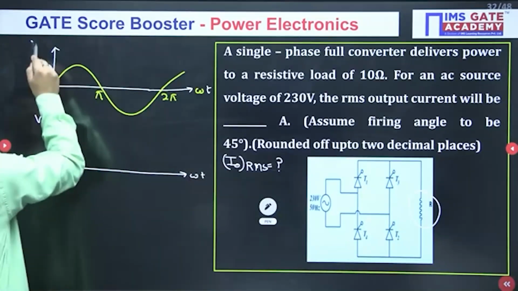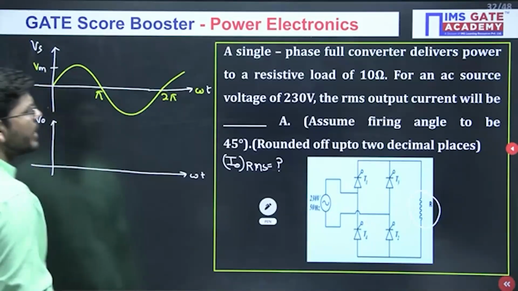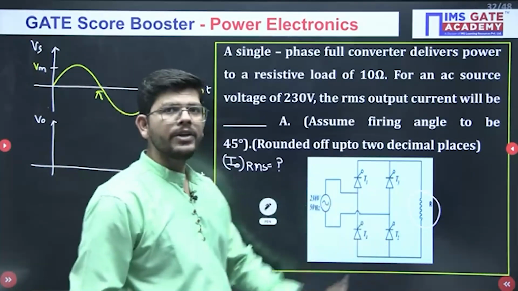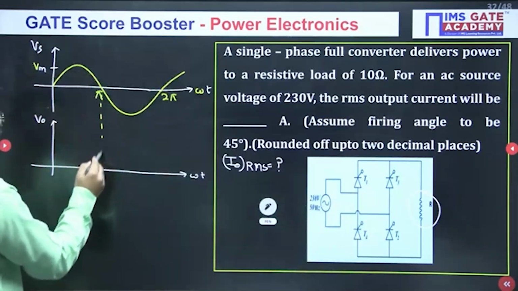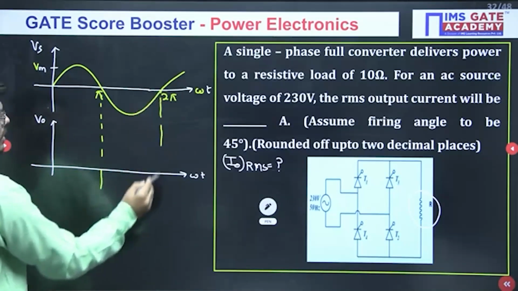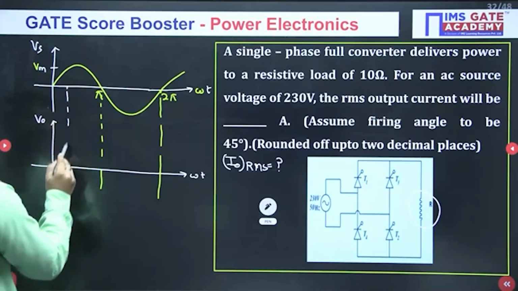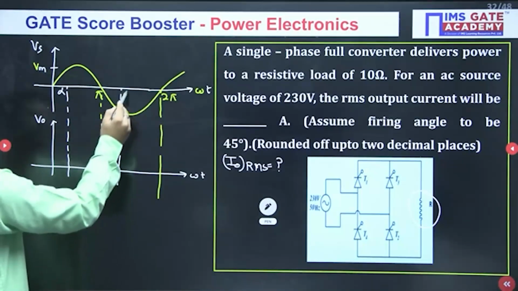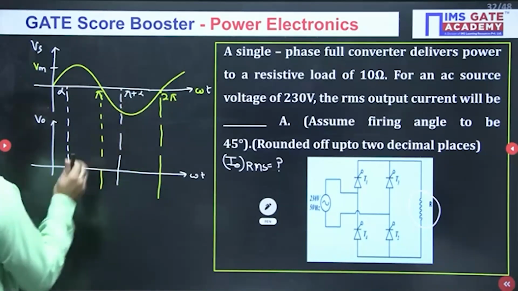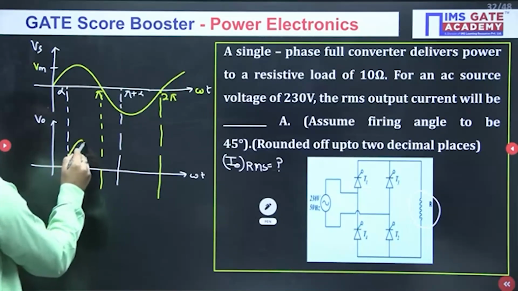When it is the positive cycle, at that time T1 and T2 will be forward biased. So what will we do? If we give them a gate pulse at this point of time, which is alpha here, and let me call this pi plus alpha, they will follow the input voltage.